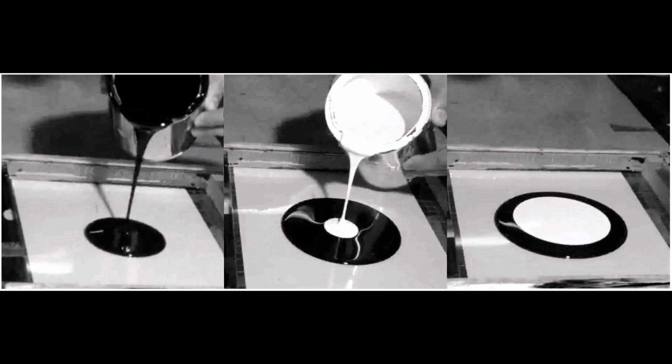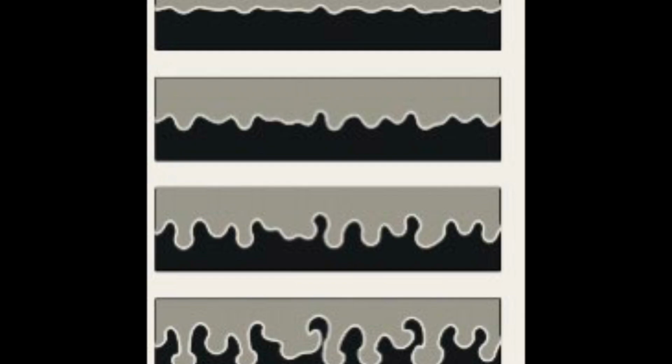Since the white has more density or weight than the black, it'll start to sink down through it. Simultaneously, the black will push up toward the surface because it's searching for stability or equilibrium. As the black is going up, it's combining with the white to a small degree and forming cells. As the paint stretches out radially, it thins and makes the interaction of the colors easier to perform.